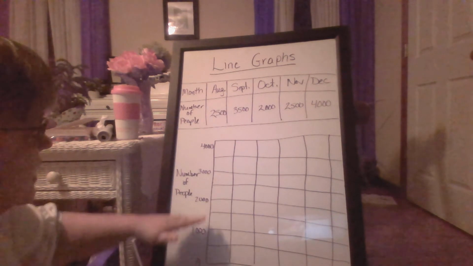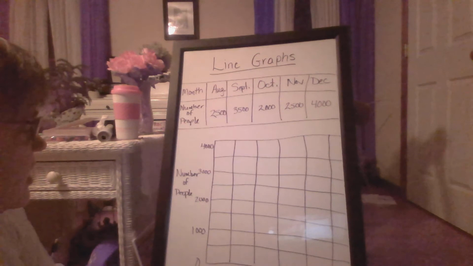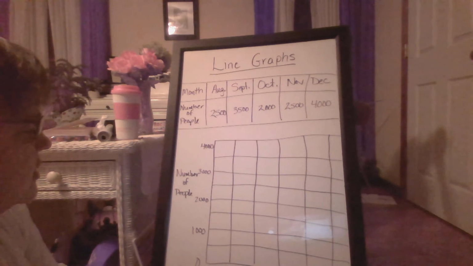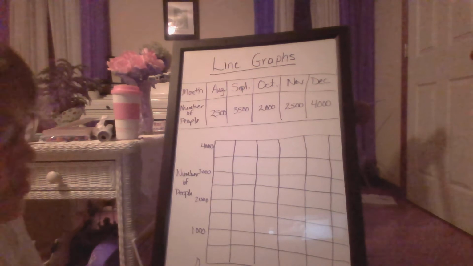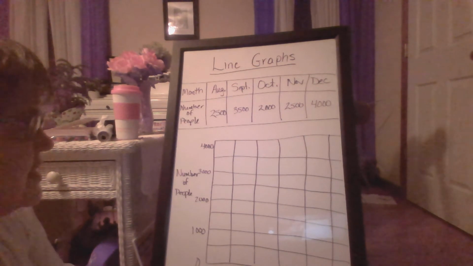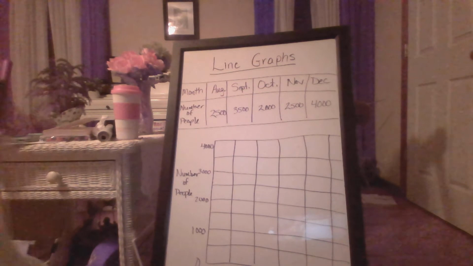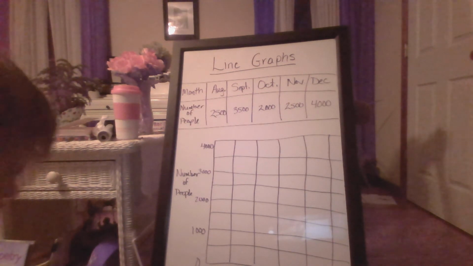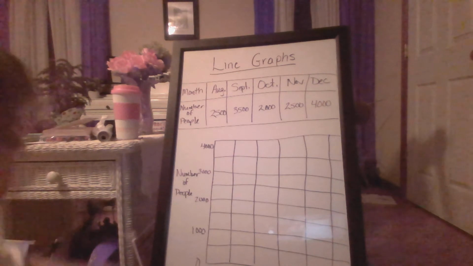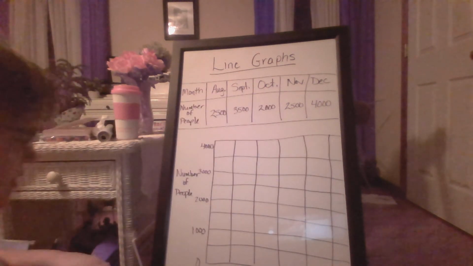Now you don't see every single number on the line graph. If you wanted to write every single number, you could, but it's not necessary. So on this line graph, at the bottom of the graph, you would put your other information, which would be the months of the year that we're talking about.